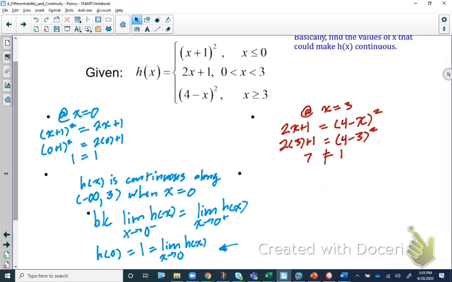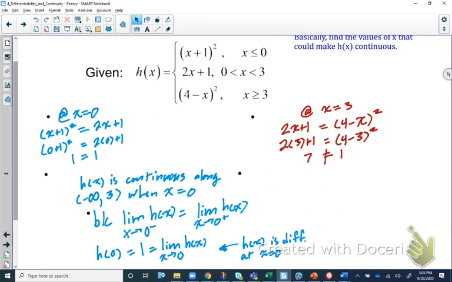Because as we see on the right, there must be a gap because the left and right sides don't give us the same value. So here I will go ahead and say that h of x is differentiable at x is equal to 0. So now let's take a look at the stuff on the right where the numbers didn't match.